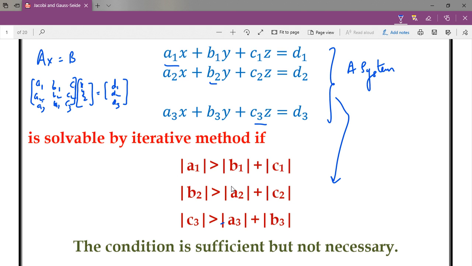So instead of saying this condition, we can also say it as follows.